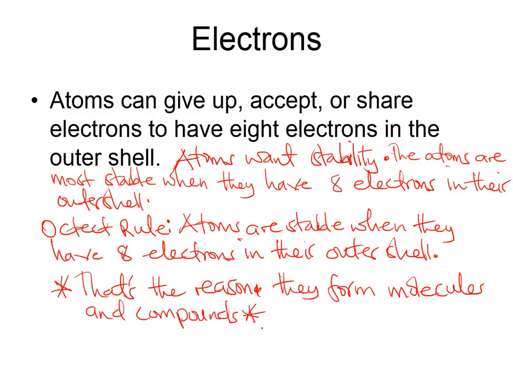So atoms form molecules and compounds to fulfill the octet rule. So make sure you write that down. Atoms form molecules and compounds to fulfill the octet rule. So I'll stop here and then continue in the next video.